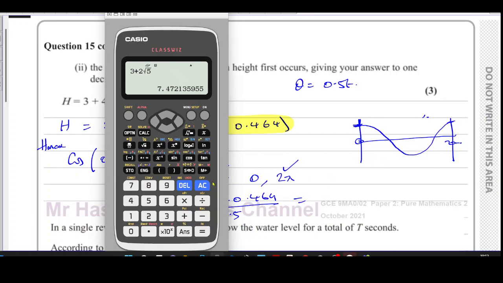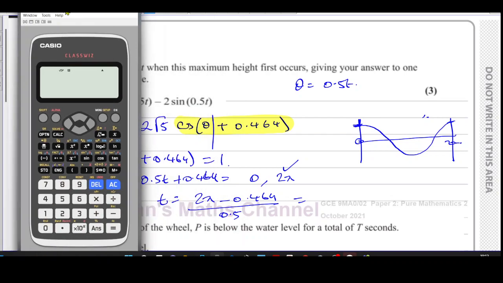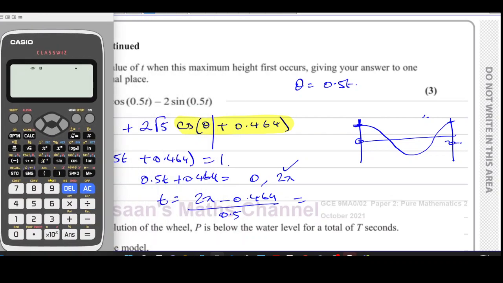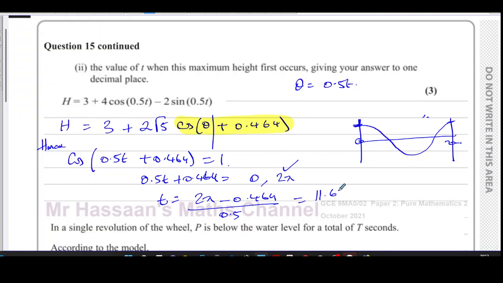So we take 2 pi minus this answer, over 0.5, and that gives us 11.639, to 1 decimal place.